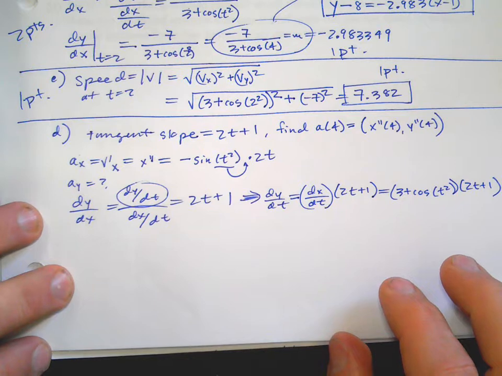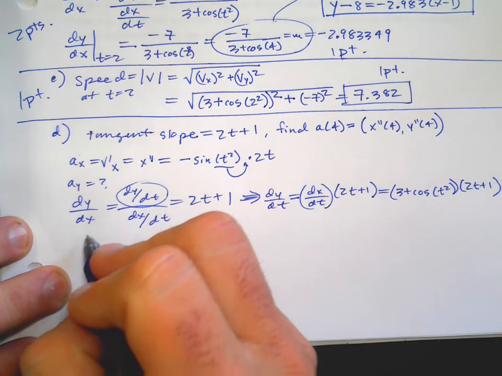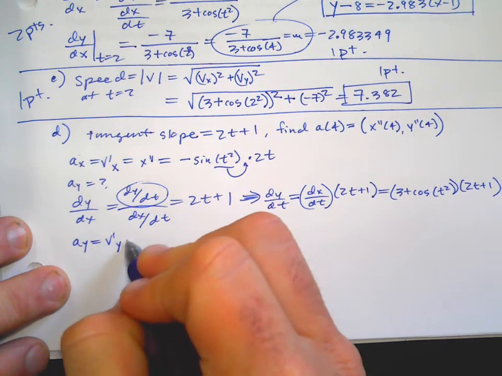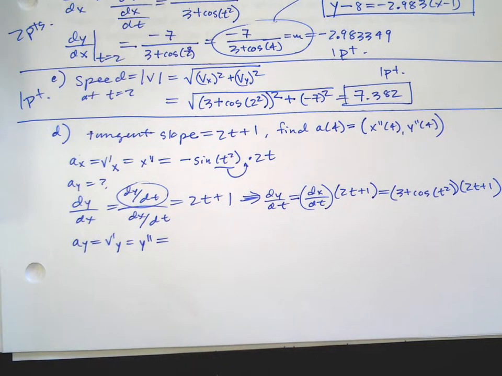So acceleration is going to be the next derivative of that. Now, by the way, we do have calculators, so we could just use our calculator to find the derivative, which I think is probably a good idea. Could you do it by hand? Sure. Could you just do it on your calculator? Yes.